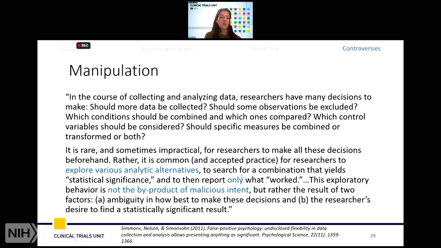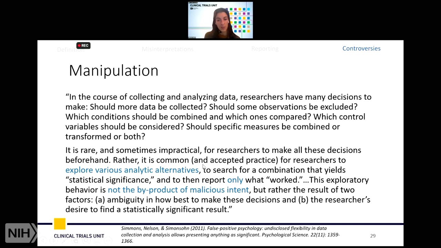And so in their paper, I'll just read here how they talk about this, because I think it's very pointed. So they say, In the course of collecting and analyzing data, researchers have many decisions to make. Should more data be collected? Should some observations be excluded? Which conditions should be combined and which ones compared? Which control variables should be considered? Should specific measures be combined or transformed, or both? It is rare and sometimes impractical for researchers to make all of these decisions beforehand.